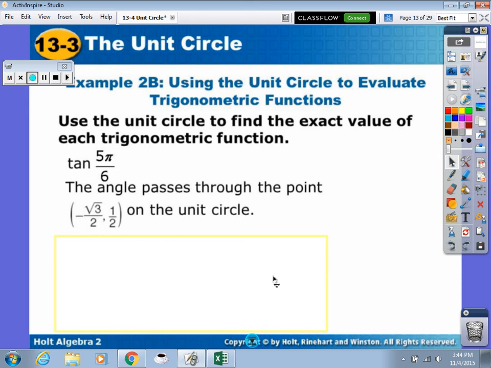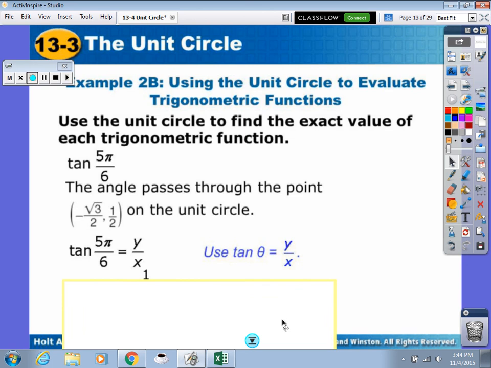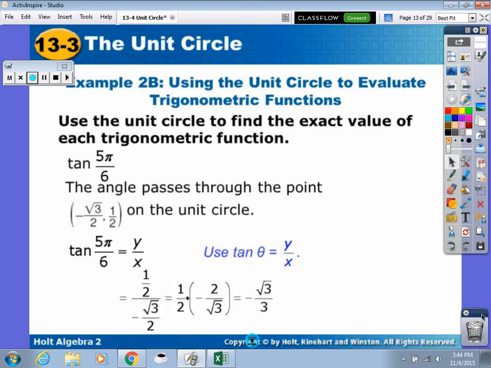And we want the tangent, and we remember our tangent is the ratio of y over x. Since y is 1/2 and x is negative root 3 over 2, we place them in their appropriate spots and then solve. We end up getting the tangent of 5 pi over 6 being equal to negative root 3 over 3.